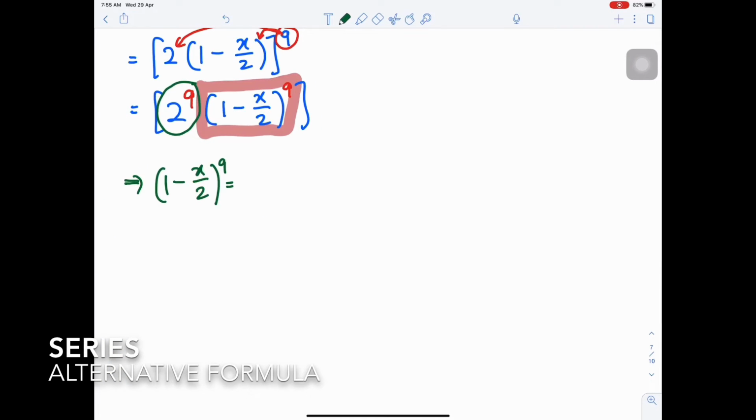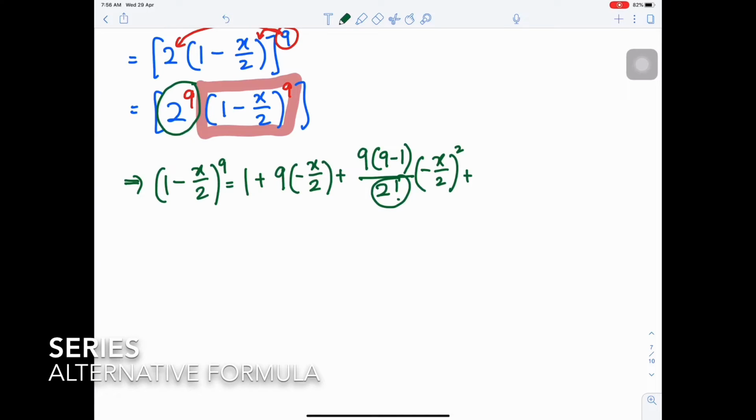So expand: 1 plus 9 times negative x over 2, plus 9 minus 1 over 2 factorial times negative x over 2 to the power of 2, because of the 2 factorial.